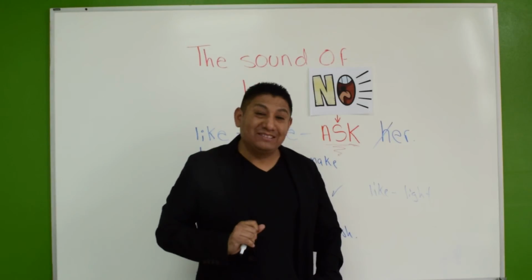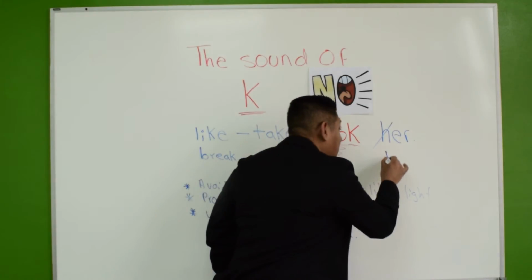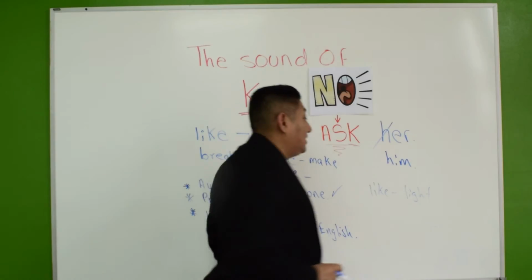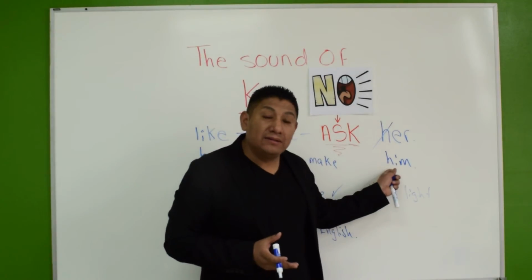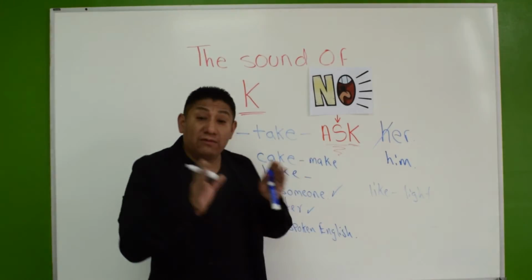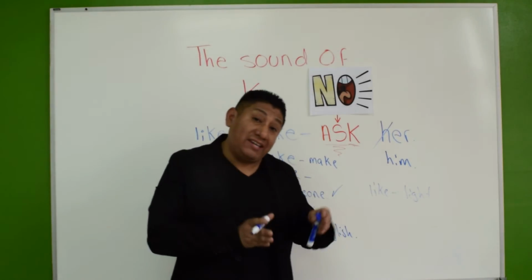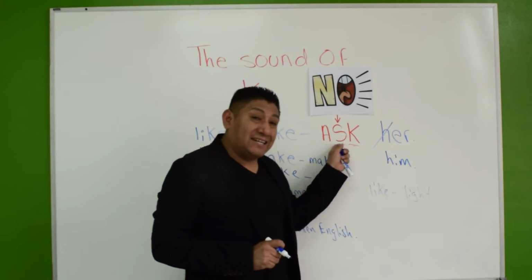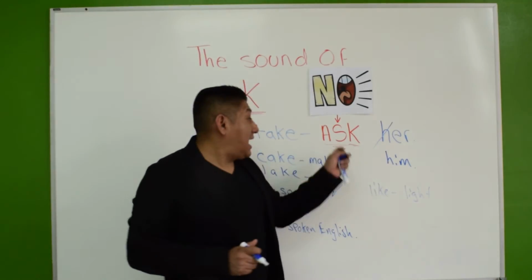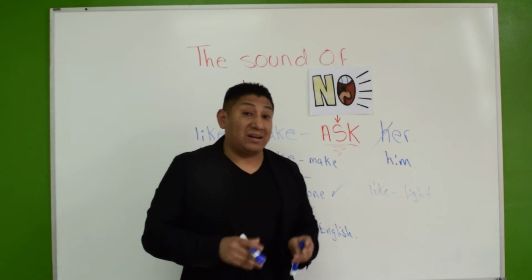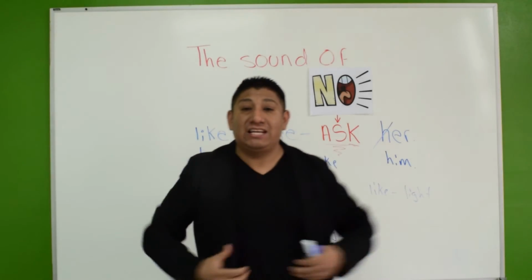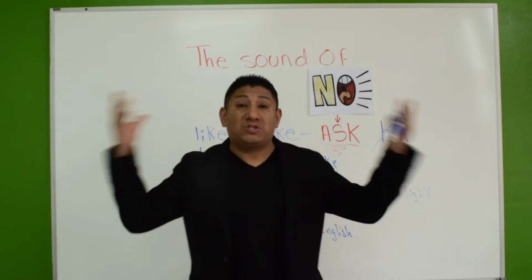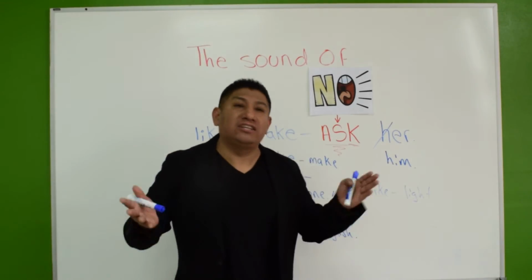You see? Let me give you another example. For example, if I'm using him, right? If I want to read, I may read like this. Ask him. But a native speaker will not say that, especially when he's talking and he's being such an eloquent speaker. He will never tell you this.